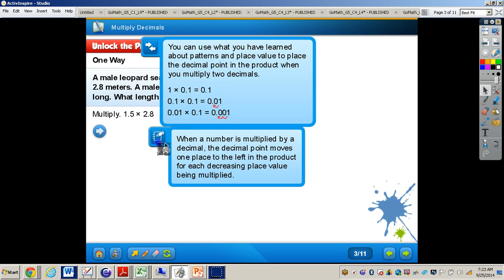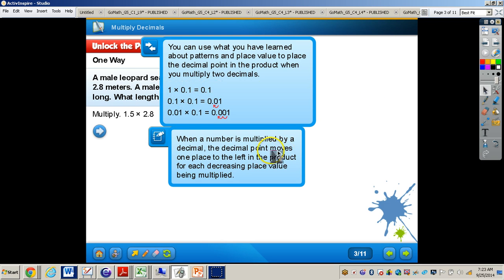Now at the very top of page 187, we want to take a look at some connections that we can make. And it says you can use what you have learned about patterns and place value to place the decimal point in the product when you multiply two decimals. Now what do we know and what can we see? So when a number is multiplied by a decimal, for example 1 times 1/10, that's a decimal.